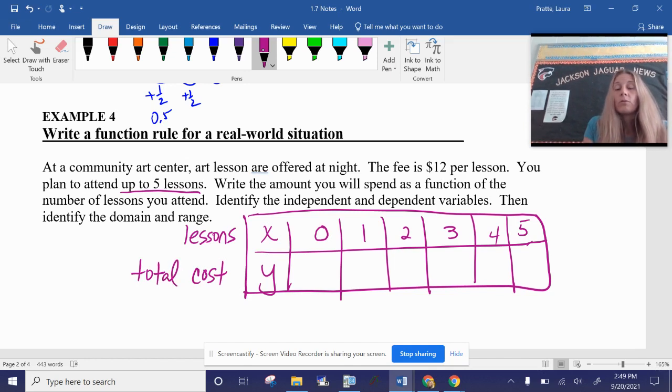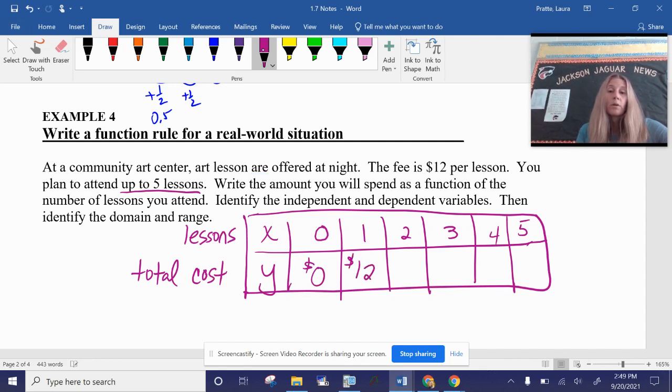So the lessons, you could go anywhere from 0 to 5, and the total cost could be anything from $0 if you don't do any lessons, or 1 times 12 is 12, 2 times 12 would be 24, 3 times 12 is 36, 4 times 12 is 48, and 5 times 12 is 60.